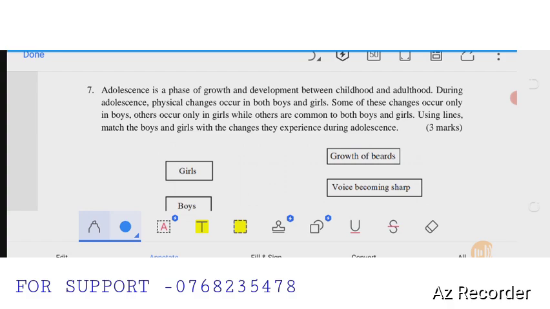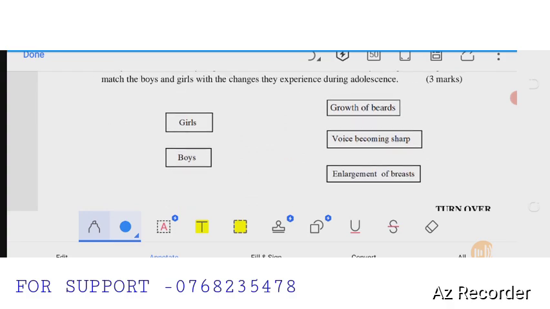Some of the changes are only in boys, others occur only in girls, while others are common in both boys and girls, which is very true. Using lines match the boys and girls with changes they experience during adolescence.